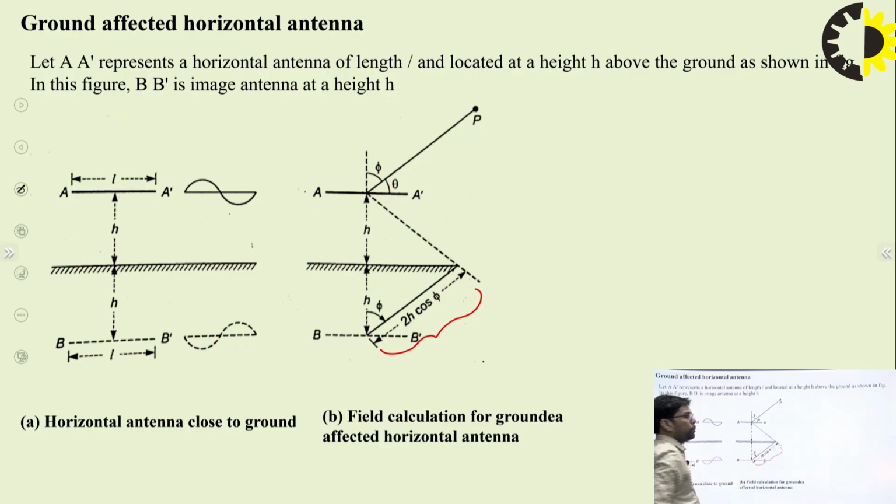I hope this is clear to all of you. So the wave coming from BB dash travels more, about 2h cos phi. So this is the path difference. Then you are able to find the phase difference.